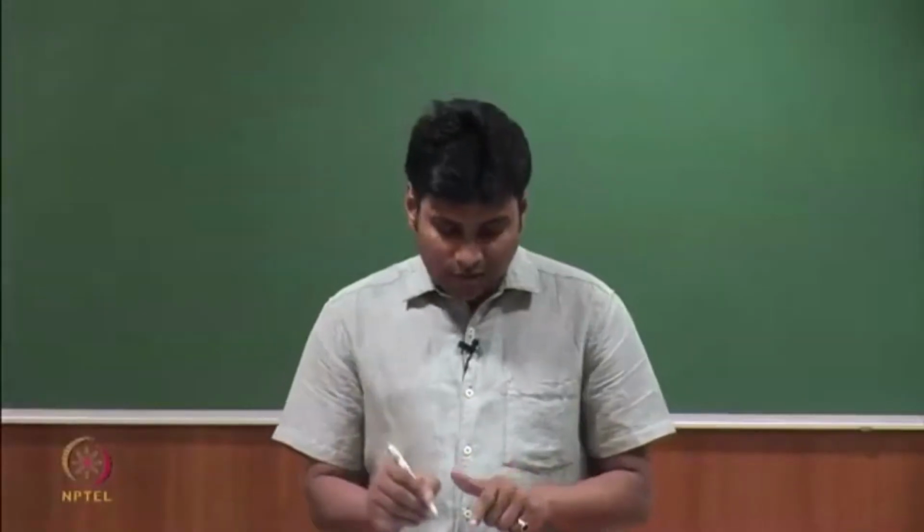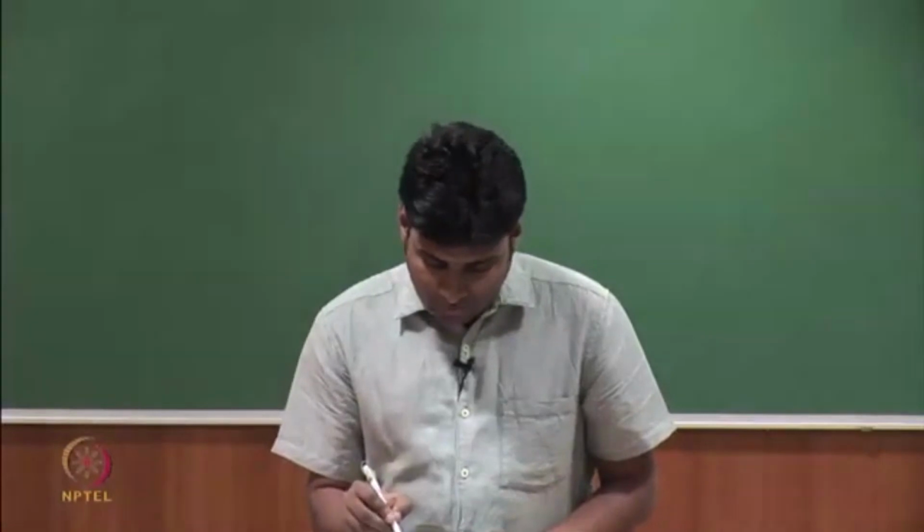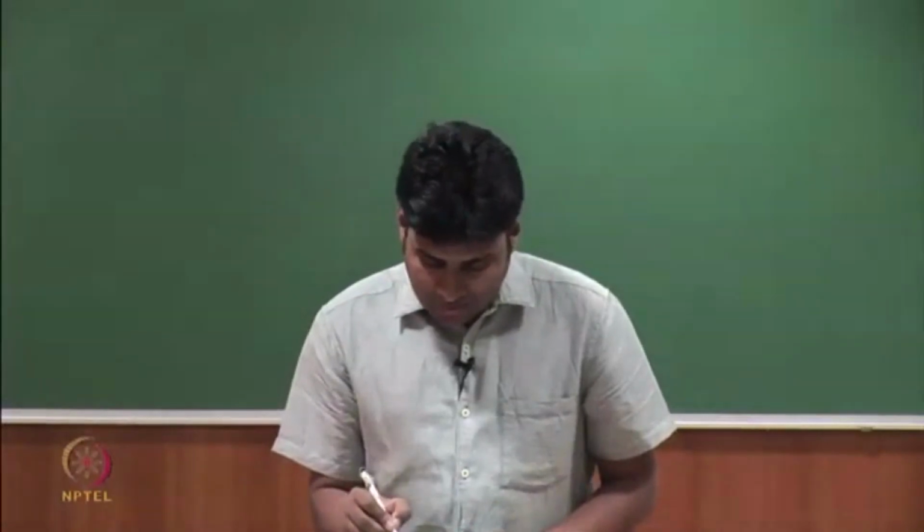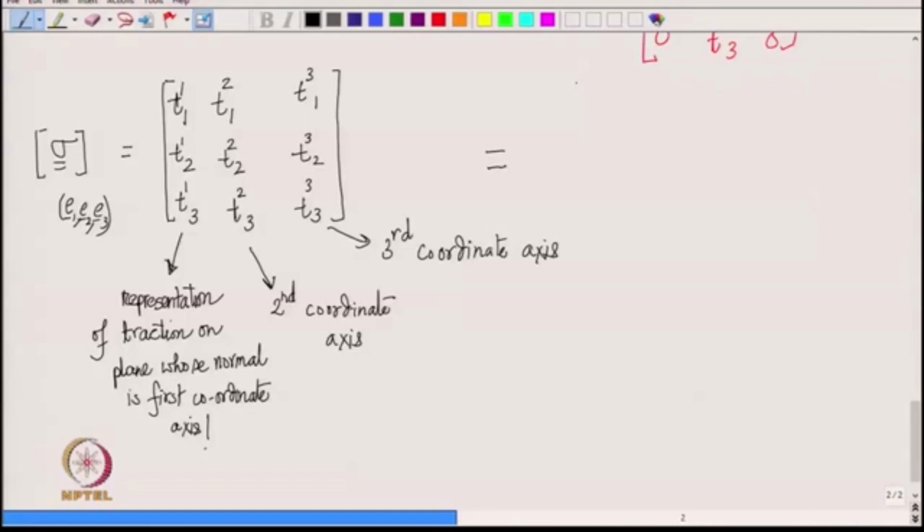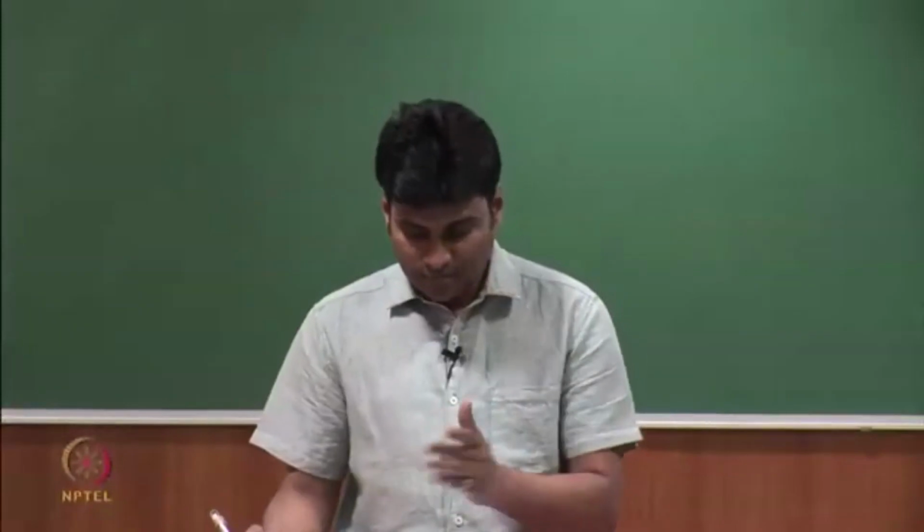Now, this thing that you see here, many places you will see they will write it as, what is T11? So, that is traction T1, which is the traction on the E1 plane, and you dot with E1 to get the component along E1.